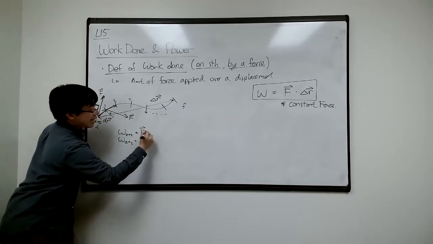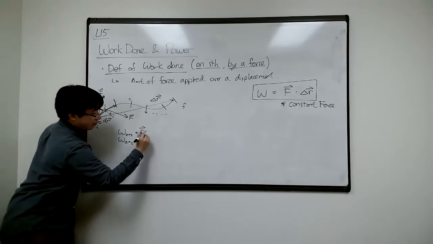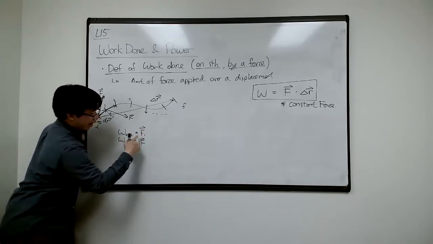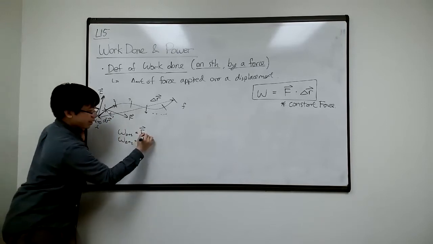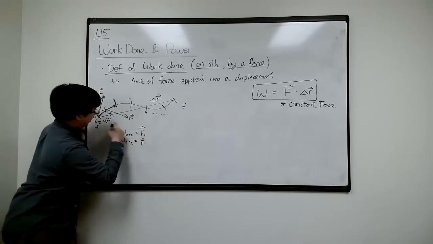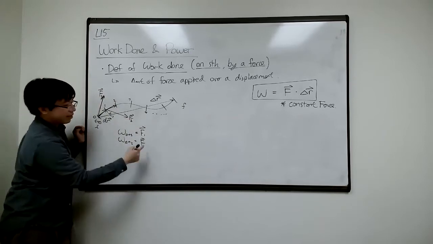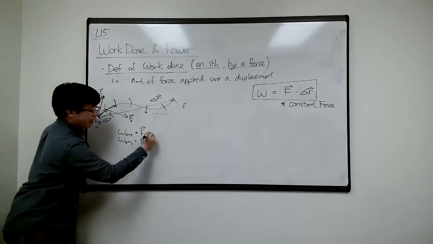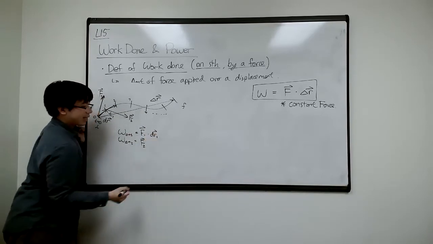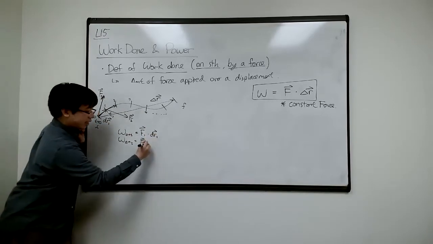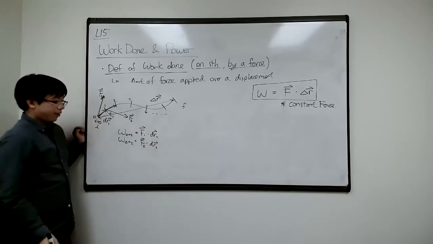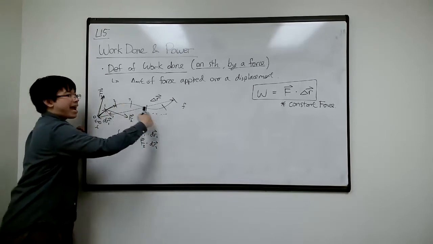Let me put force 1 during this period, and force 2 here, because I don't want the same variable over here. F1 dot dr1, and F2 dot dr2. Okay, so you can now add everything together.